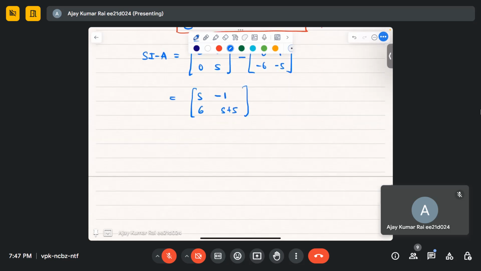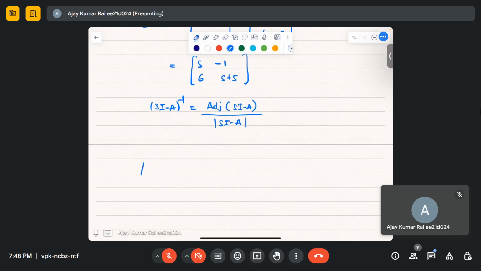If you want to find (sI minus A) inverse, what you do is take the adjoint of this sI minus A and take the determinant like this. So first I will find the adjoint. Directly I am writing it. Please confirm.